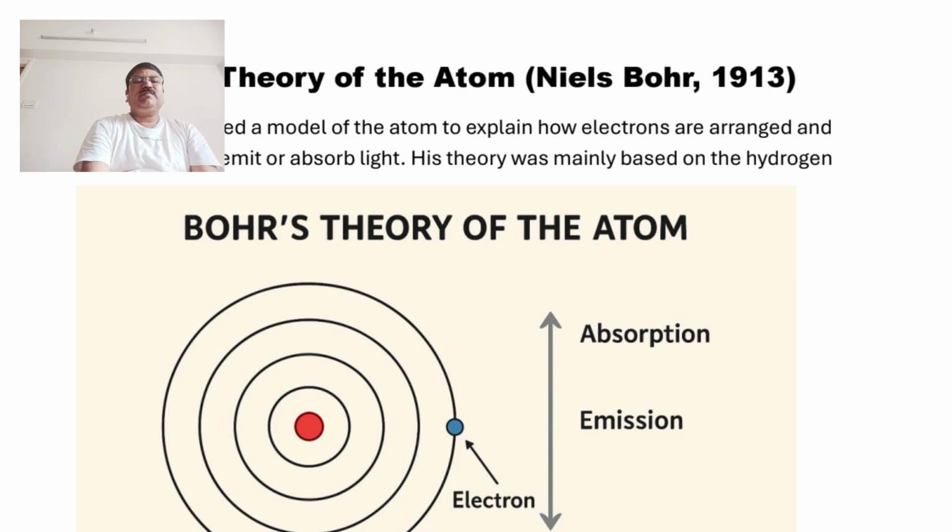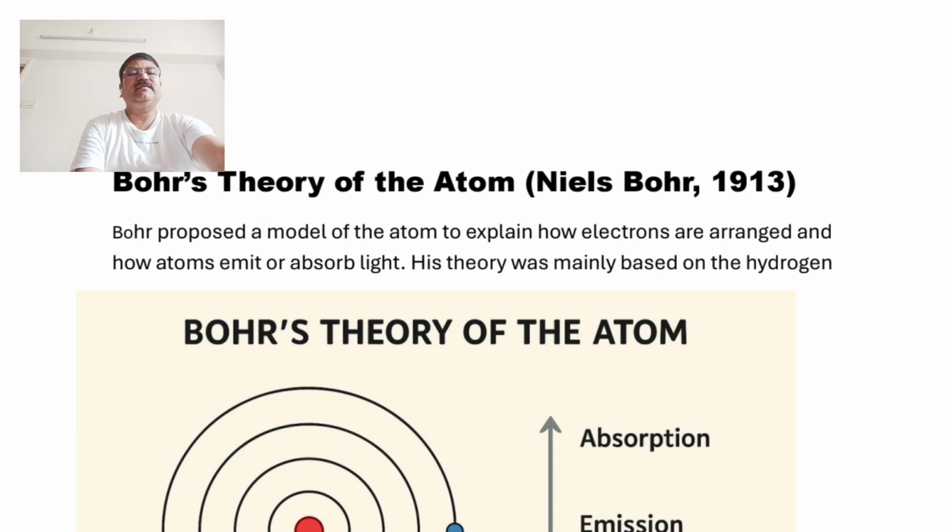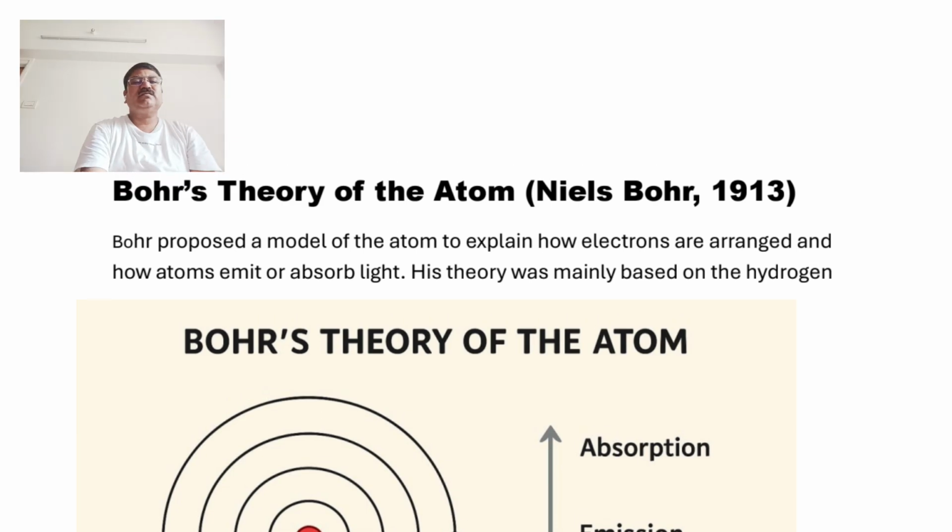In these circulating pathways electrons are continuously revolving. Either emission of light takes place or absorption of light takes place. So this simple concept was first put forth by the scientist Niels Bohr in 1913.